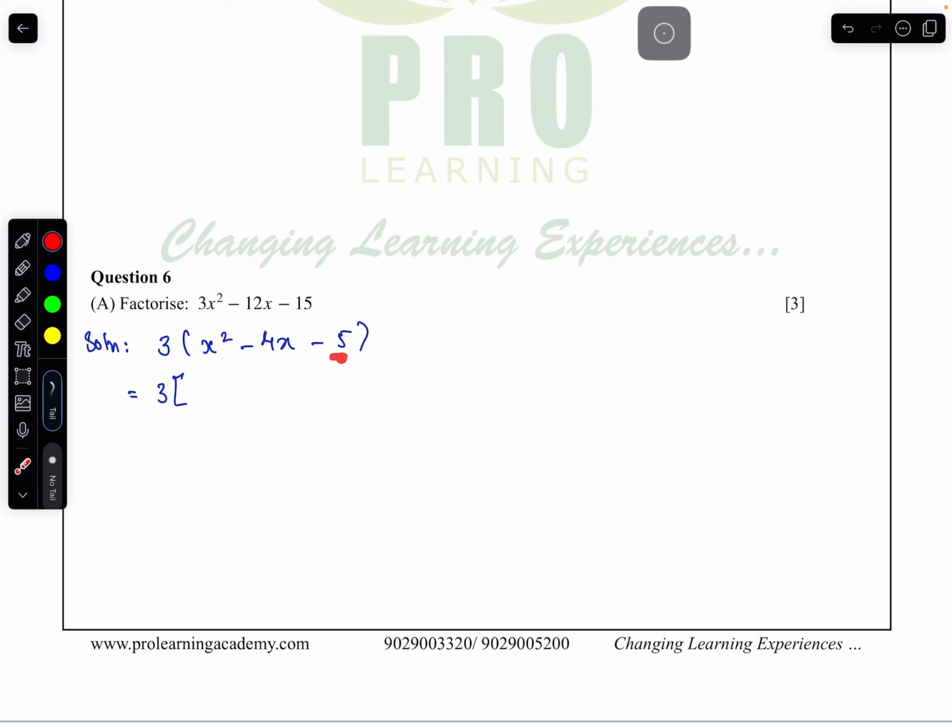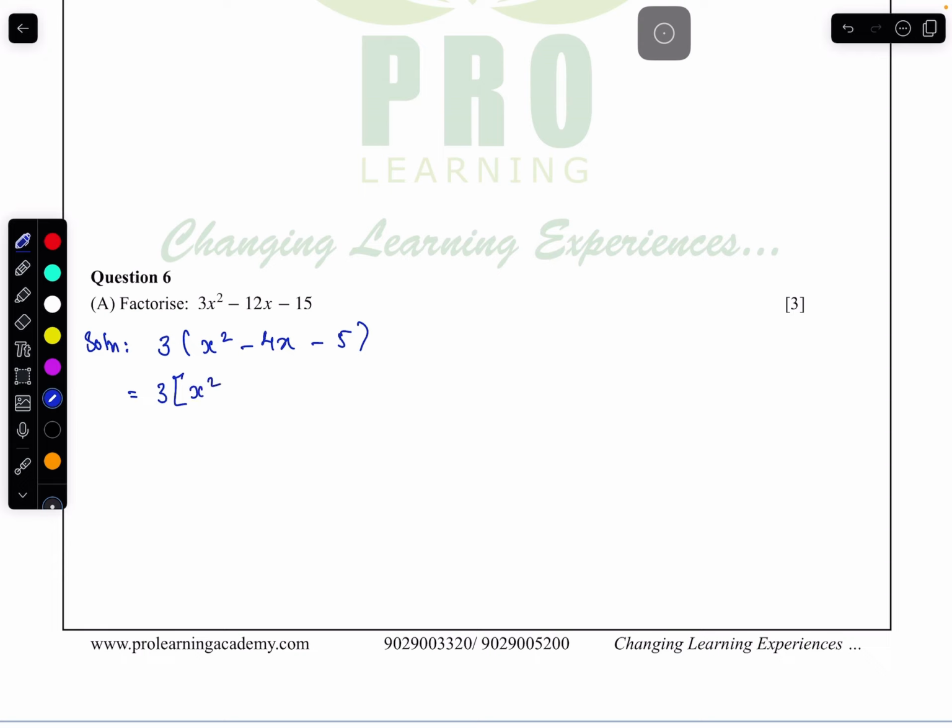Now this is quadratic in nature, so product is 5. It's a negative product. That means one number is negative, the other is positive. The sum is a negative 4, which indicates that the bigger number is going to be negative. So here we know 5 times 1 is 5, and 5 minus 1 could give us a 4, but we needed a minus 4, so we'll take minus 5 plus 1.